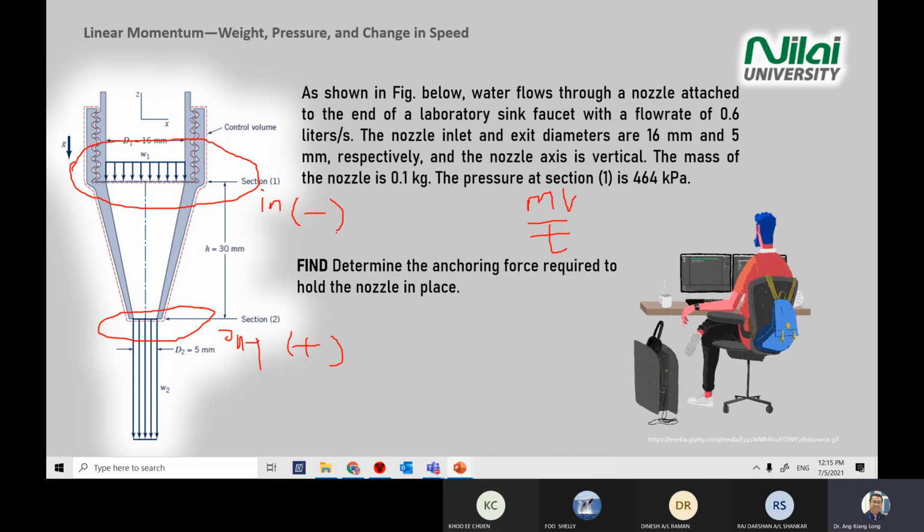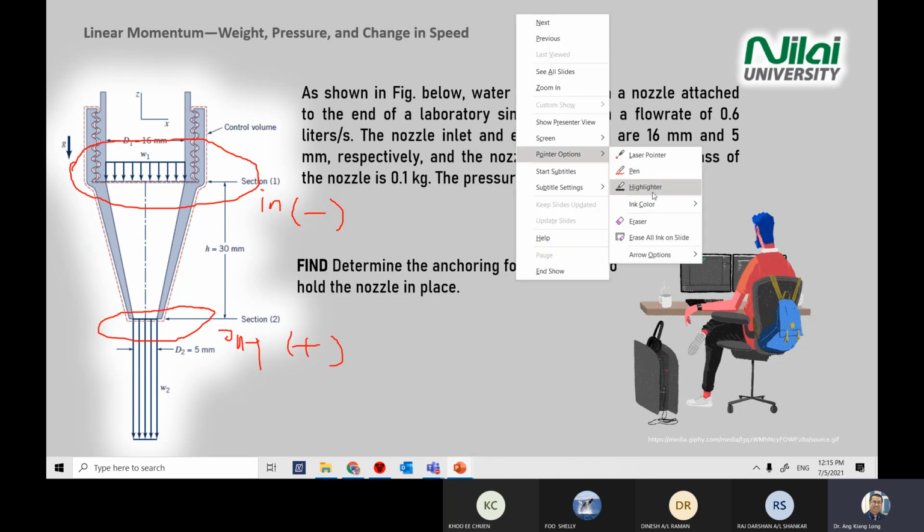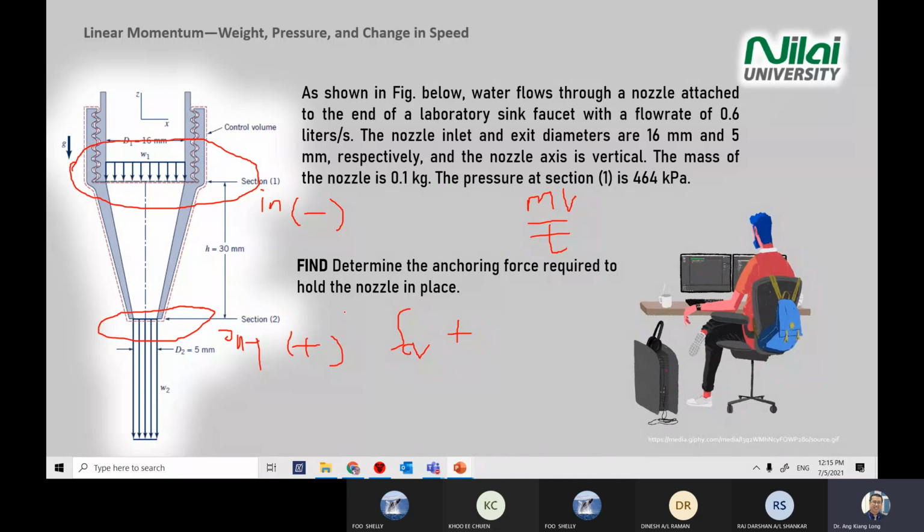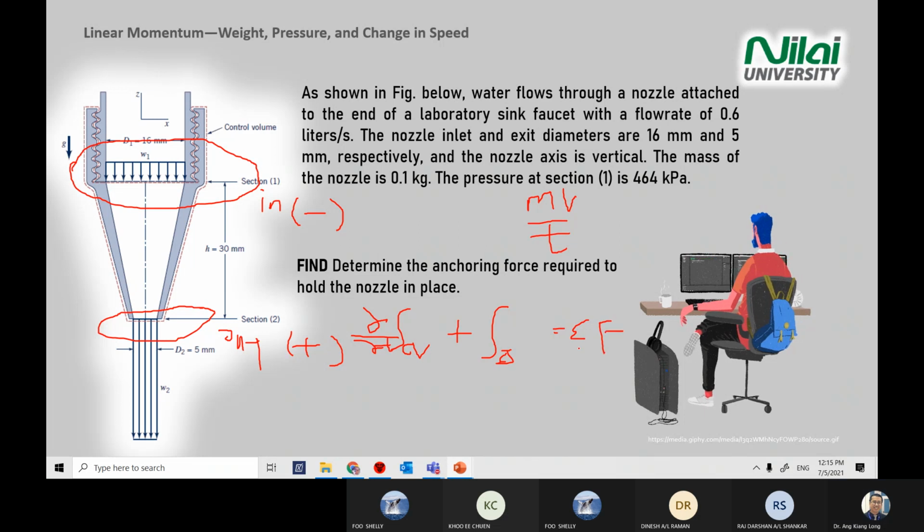This positive negative sign normally links up with the control volume term, del over del t, plus the integration over the control surfaces, equal to force. So normally the positive and negative sign is in this section.